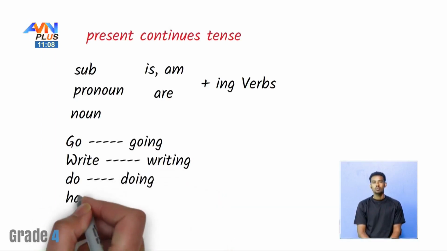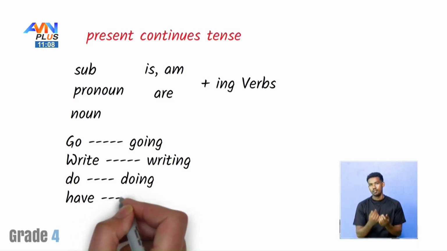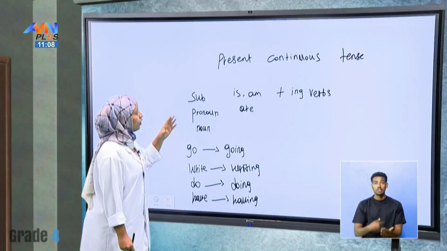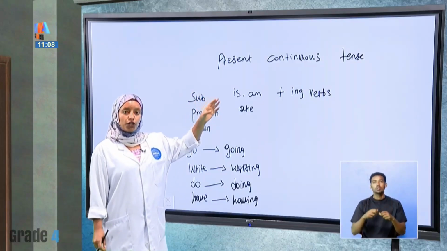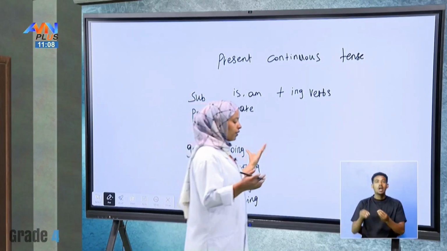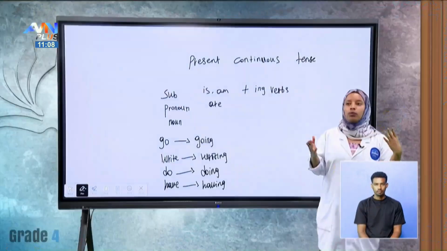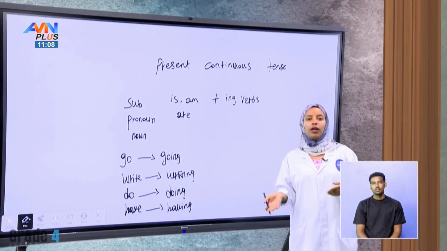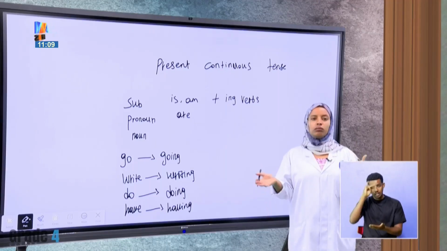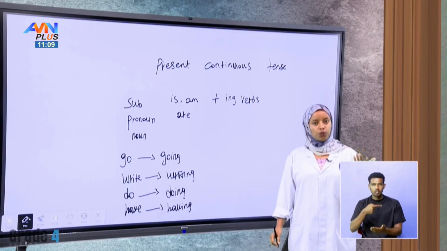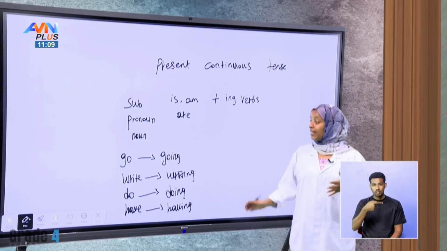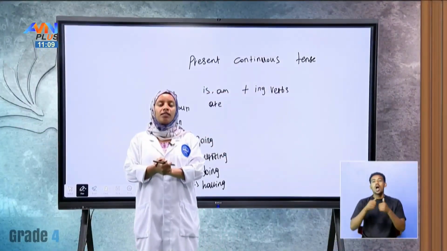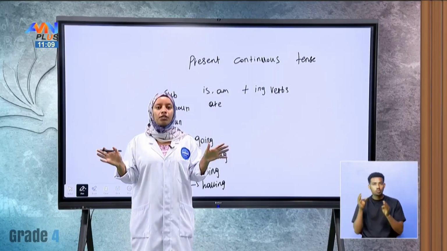Have becomes having. So this is the method of using present continuous tense by adding ing, like write, writing, close, closing, learn, learning, dance, dancing, speak, speaking, talk, talking. This is how to change the verb with ing.